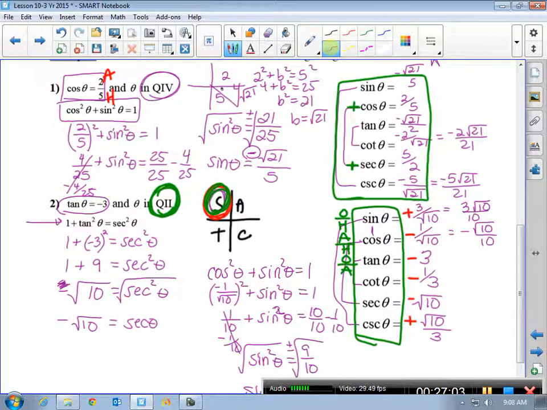And then from here, let's just use SOHCAHTOA. If you look at the opposite, it's radical 21 over the hypotenuse, 5, and it's negative because you're in quadrant 4. The cosine is the adjacent over the hypotenuse. Let me write these in. The tangent is the opposite over the adjacent.